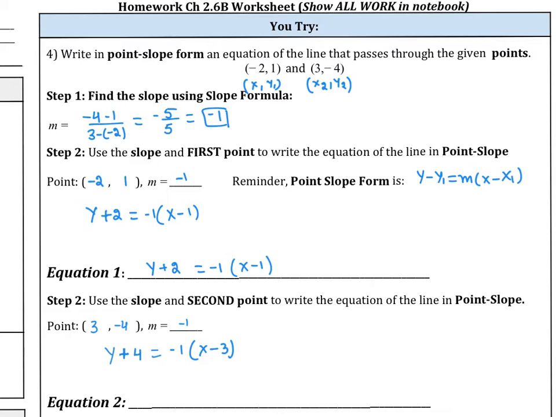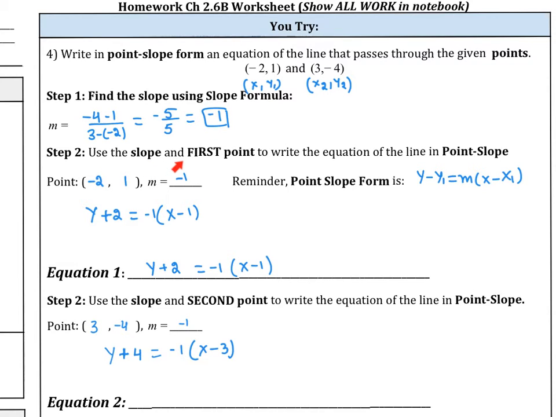For number 4, you're going to use the 2 points x1, y1 and x2, y2, and find the slope by using the slope formula, y2 minus y1 over x2 minus x1. That is going to be -5 on the top, and then 2 negative becomes positive, so 3 plus 2 is 5. So -5 over 5 is -1.